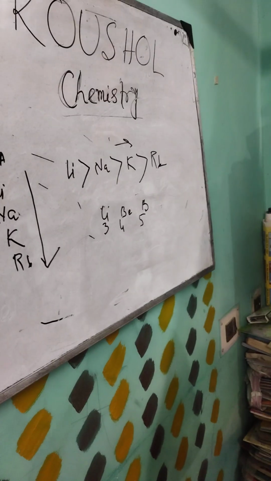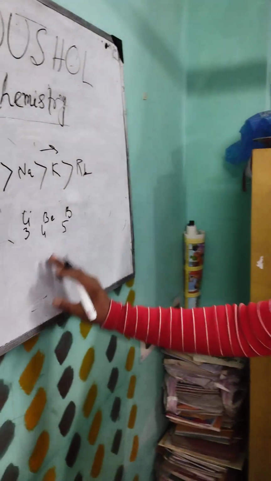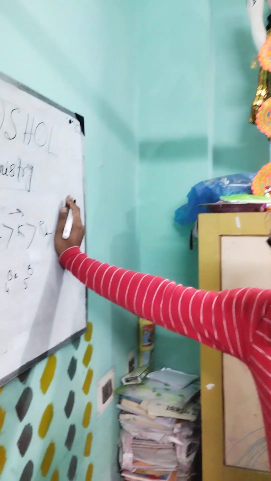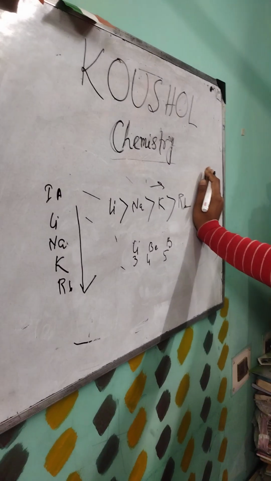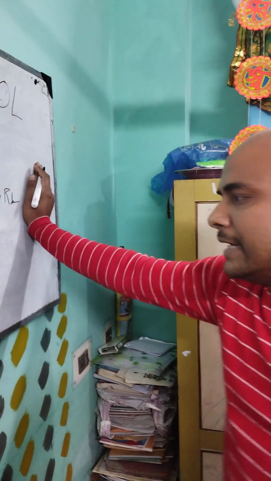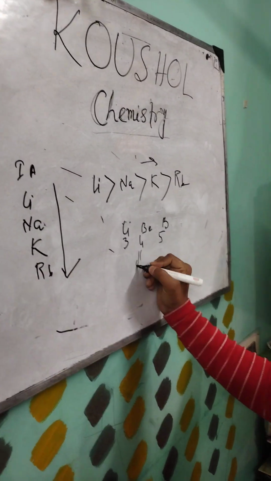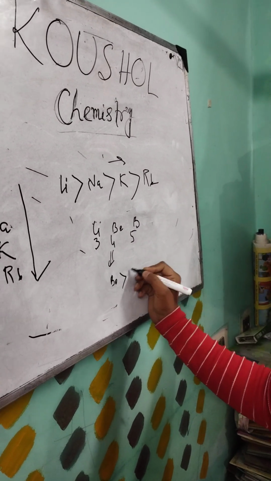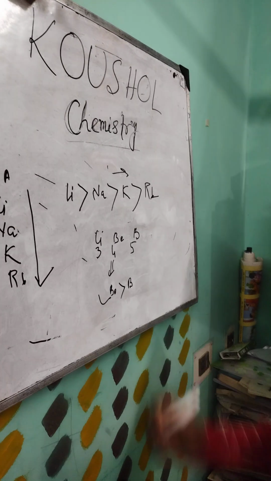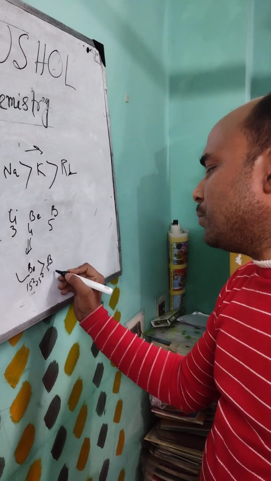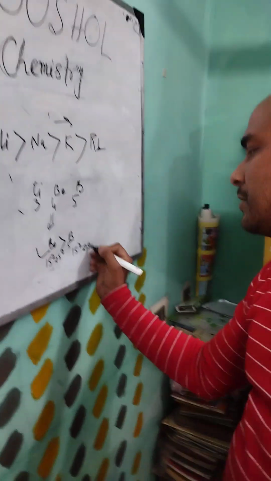boron. Ionization energy also depends on half-filled and fully-filled atomic orbitals. Half-filled and fully-filled atomic orbitals always have extra stability due to Hund's rule. According to Hund's rule, exchange of energy takes place, so stability increases. So the ionization energy of beryllium is always greater than boron, due to the fully filled configuration of beryllium. The electronic configuration of beryllium is 1s2 2s2, but that of boron is 1s2 2s2 2p1.